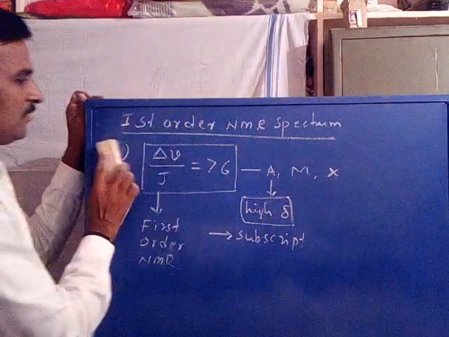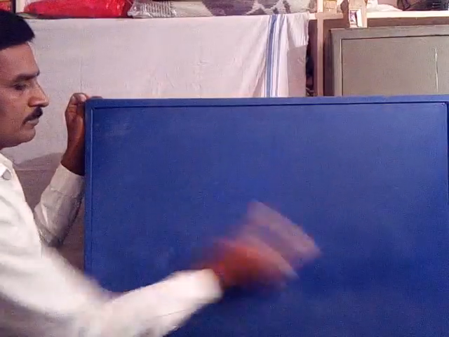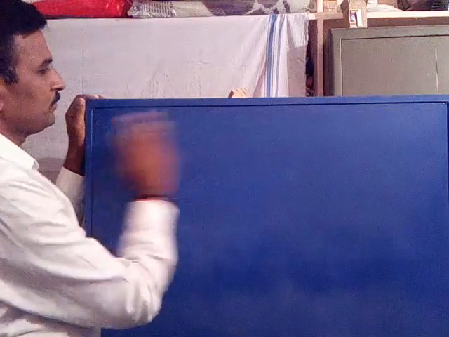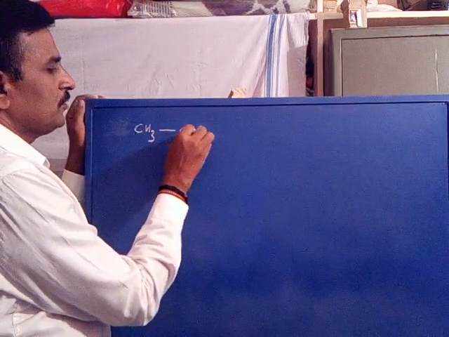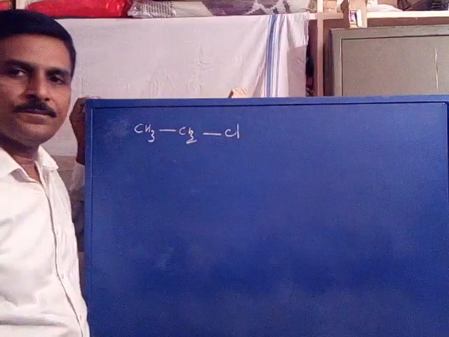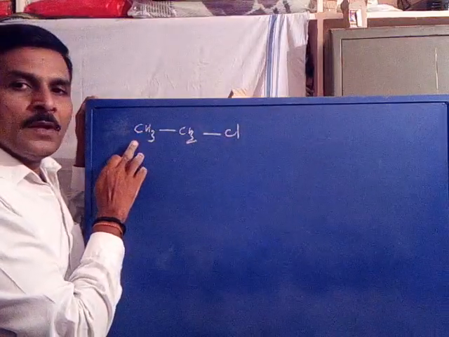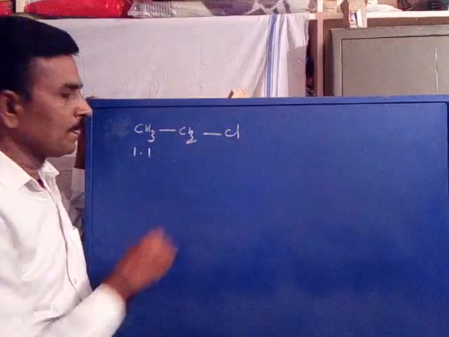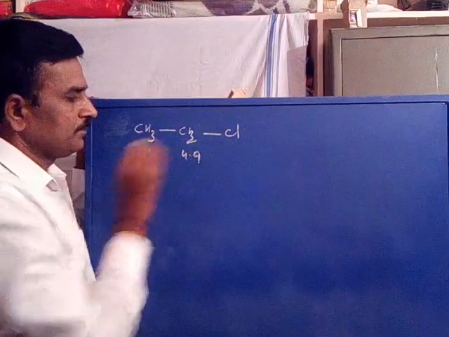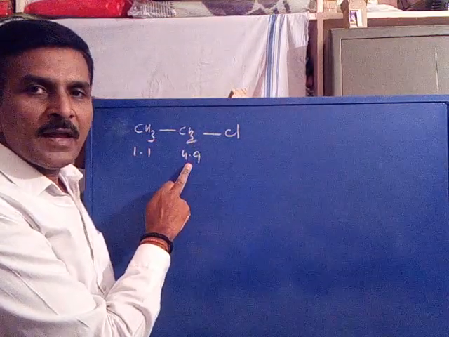For example, let us study some examples. For example, you take CH3 CH2 Cl. Now the delta values are 1.1 and 4.9: CH3 1.1, CH2 4.9.